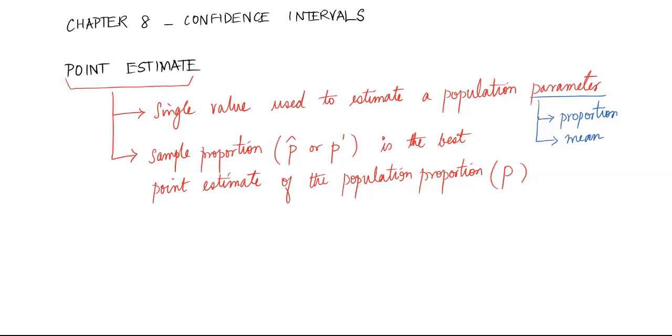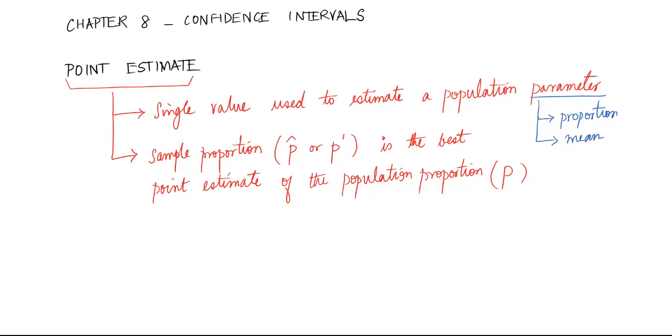Now for that, I can collect a sample, a smaller group of people who use the drive-through lane in that restaurant and see how many use that drive-through lane in a day, in a month. It can depend on how my study is. And then if I found the sample proportion to be 60% or more, then I could use that information as a good point estimate of the population proportion.